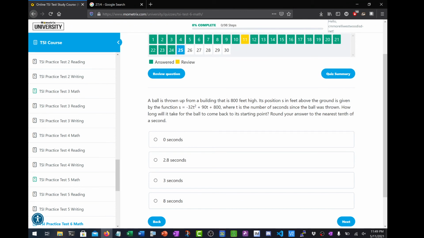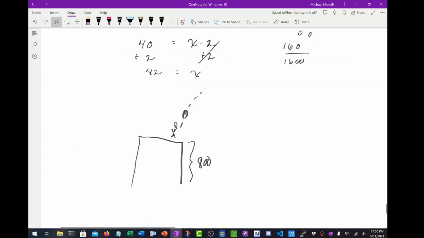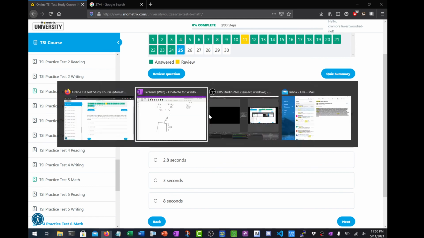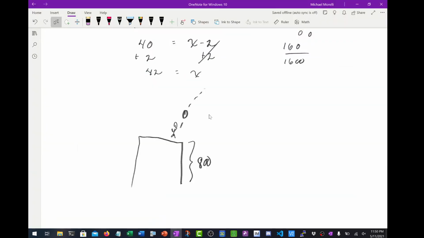And we want to know how long it will take for it to come back down from where it started. So let's assume the guy just throws the ball straight up in the air. It's going to make some kind of an arc and then come back down, right? So what it's really looking for is that we solve the quadratic.